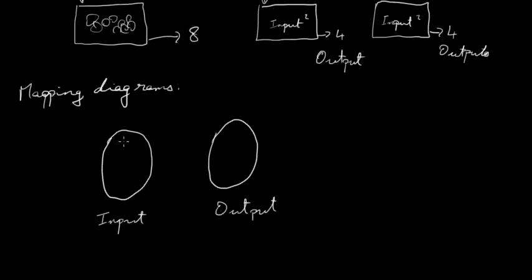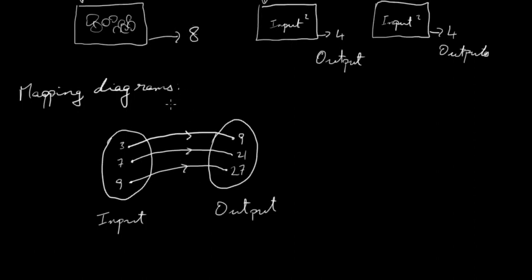Let's say we take 3, 7, 9. These are the numbers in our inputs. We're going to put these numbers into some function, and let's say we get out 9, 21, 27. So you can probably see what's happening to our outputs. The number 3 is mapped onto 9. Number 7 is mapped onto 21. Number 9 is mapped onto 27.